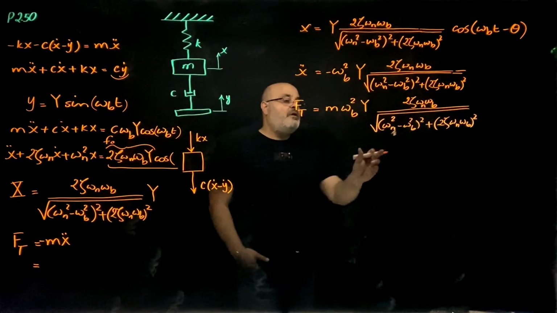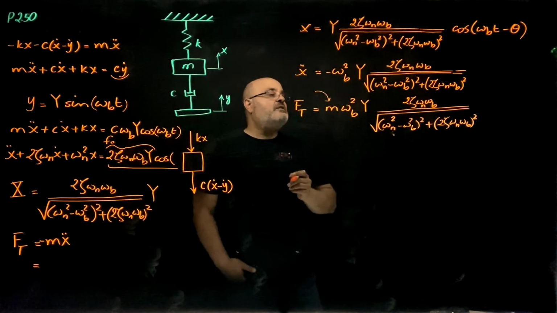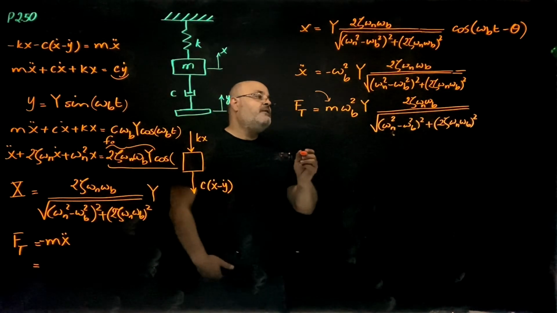And now we've established that m is equal to k divided by omega n squared.